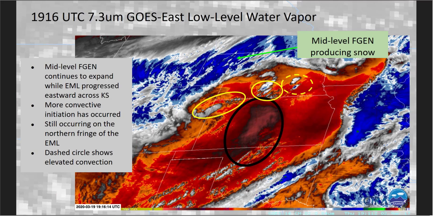We'll go ahead another hour here to 1916 UTC, and you can see the mid-level FGen signature still looks pretty good across western and north central Nebraska. Some brighter blue colors showing up here, maybe even showing a little bit of convective elements on the very southern fringe of where that snow was falling.